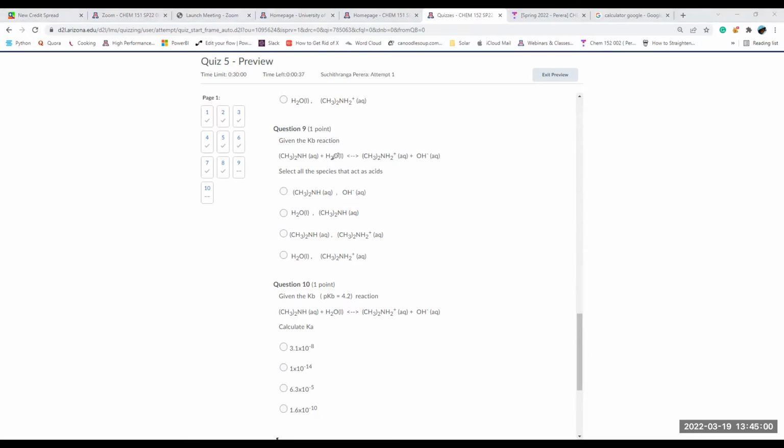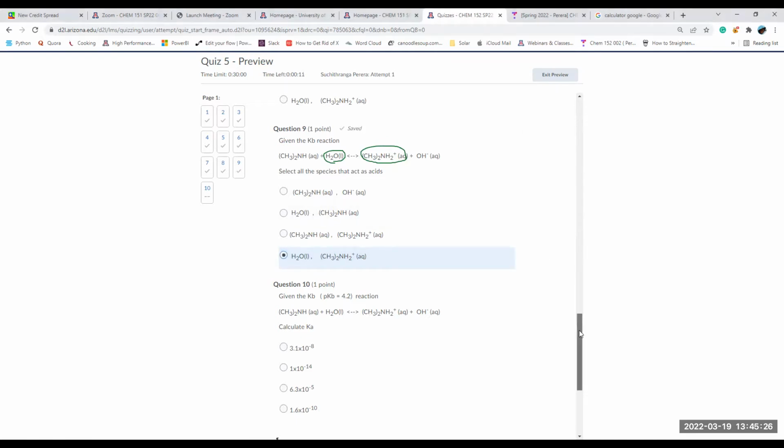Since H2O is donating a proton, H2O is acting as an acid. And on the other hand, the positively charged conjugate acid is obviously the other acid. Therefore, the correct answer must be option D.